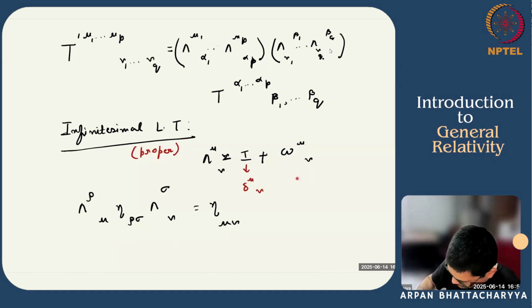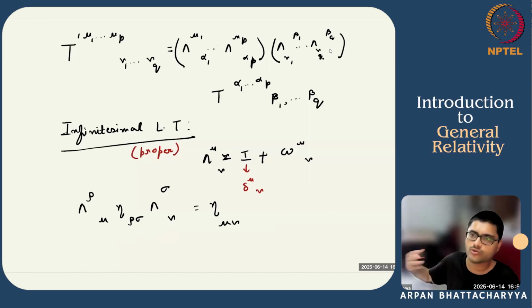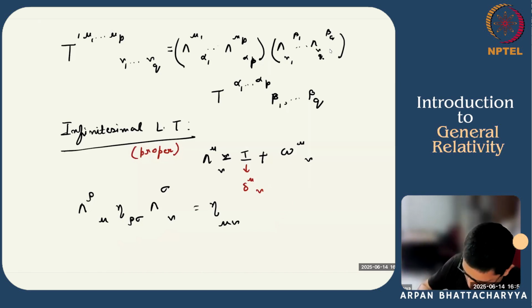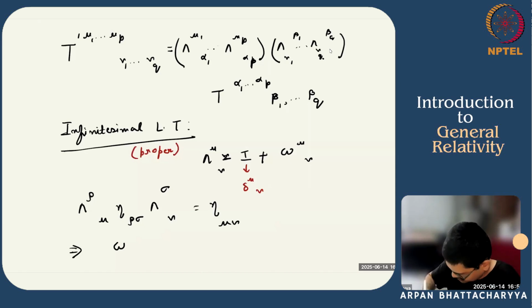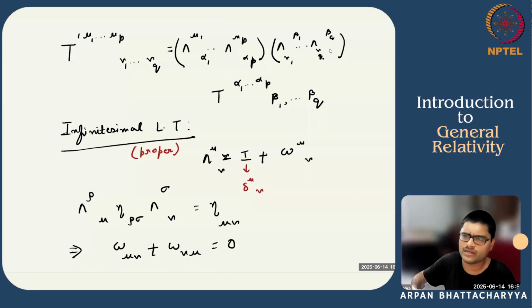And now if you insert this here and expand and throw away all the terms which are omega squared, then you will get omega mu nu plus omega nu mu equal to zero. Please do the algebra. It's very easy to do that. We are leaving that as an exercise for you to do. And also, of course, we have used the index raising and lowering using the metric and the inverse metric.